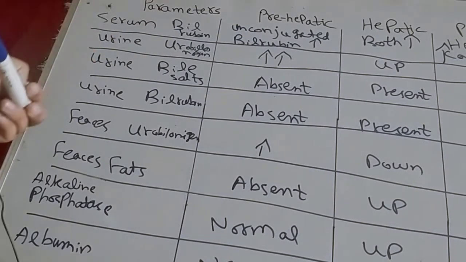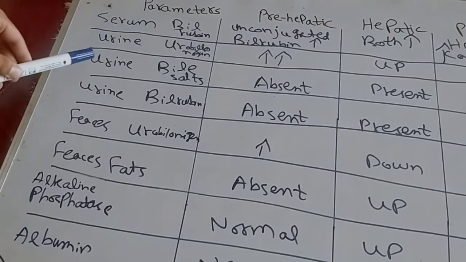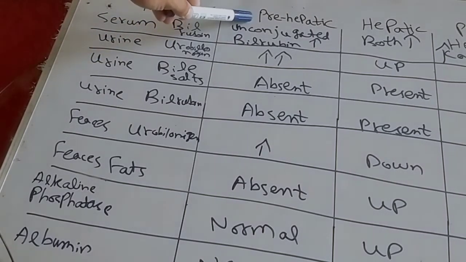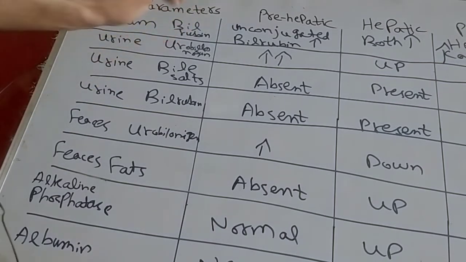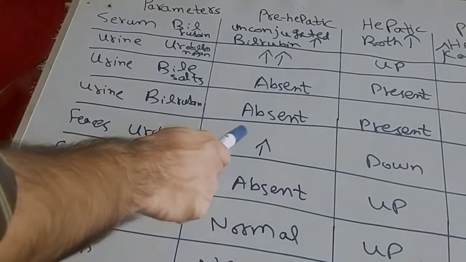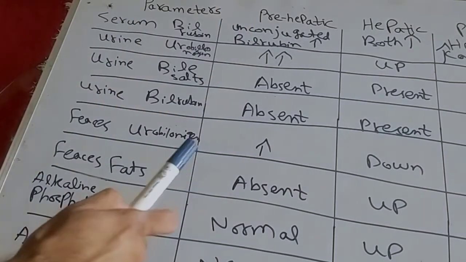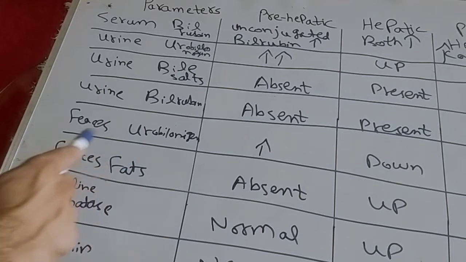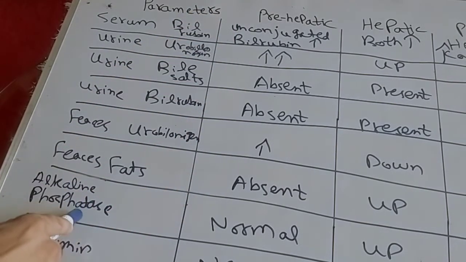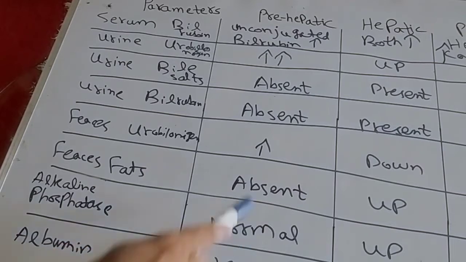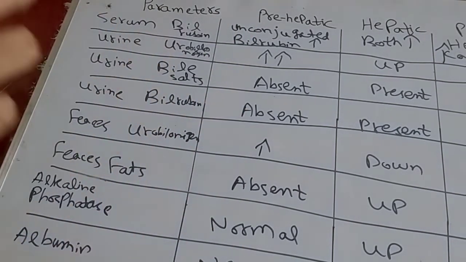Bile salts are always absent in the urine in pre-hepatic jaundice. Bilirubin is also absent in the urine. The level of urobilinogen is high, and the fats are absent in the feces, but the level of alkaline phosphatase and albumin remains normal in pre-hepatic jaundice.